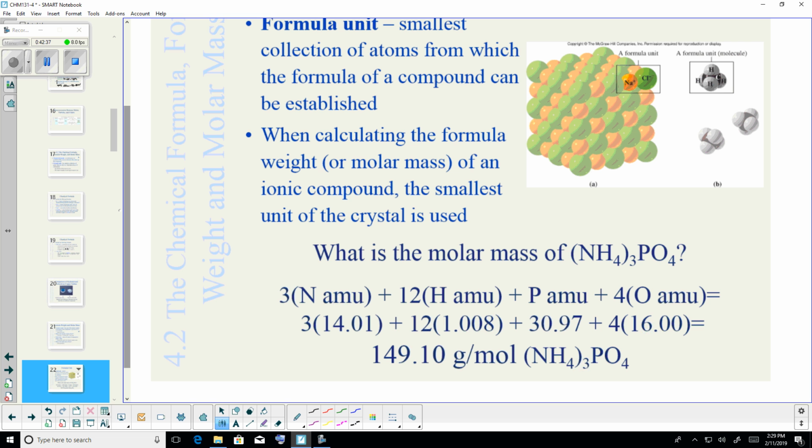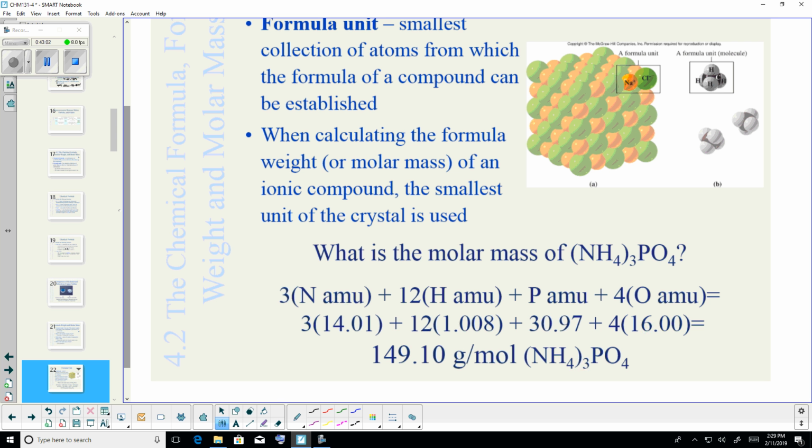So you add them all up, comes out to be 149.1 grams per mole. So if I ask you to weigh out 1 mole ammonium phosphate, you'd weigh out 149.1 grams. Okay?